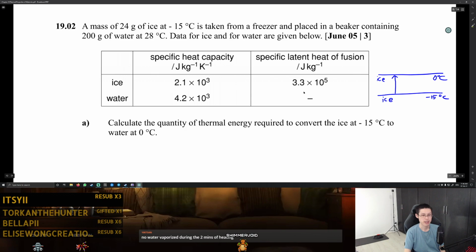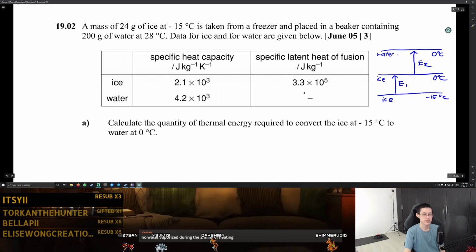And now you have to change the state of ice to water at 0 degrees Celsius. Remember, when you change states, the temperature doesn't change. So you have two stages and you have to add up these energies, E1 here, E2 here. So the total energy required is E1 plus E2.